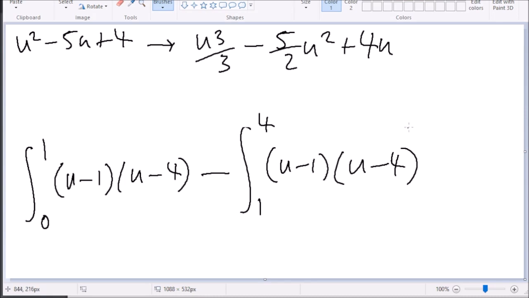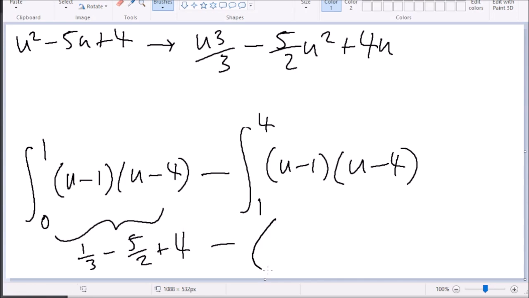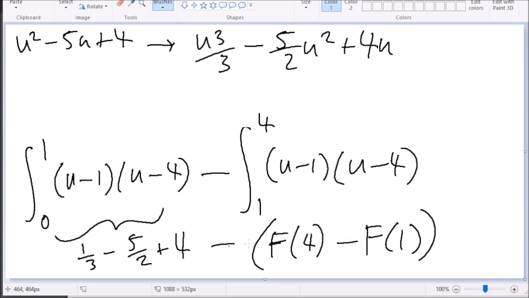So this portion will equal 1/3 minus 5/2 plus 4, and then minus. The lower bound of the second piece is the same as the top bound of this one, so I get the antiderivative from 1 to 4.